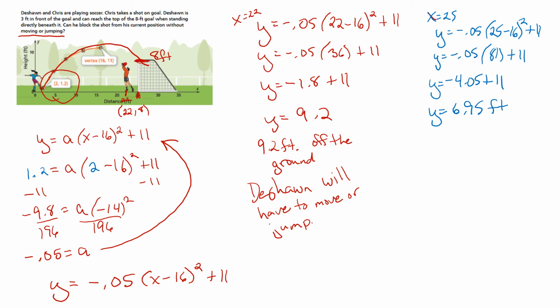feet off the ground. So if Deshawn doesn't do anything, Chris made a great kick. It's going to go right over Deshawn, right into the goal. So it will go in the goal if Deshawn misses.